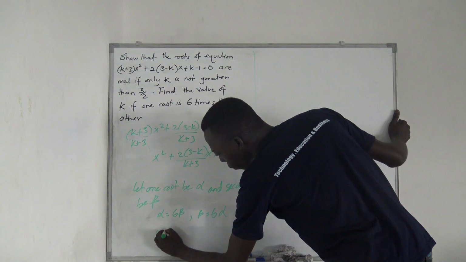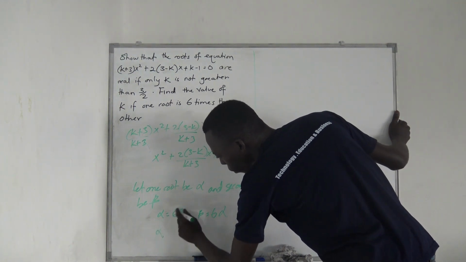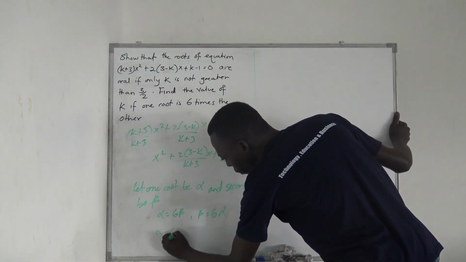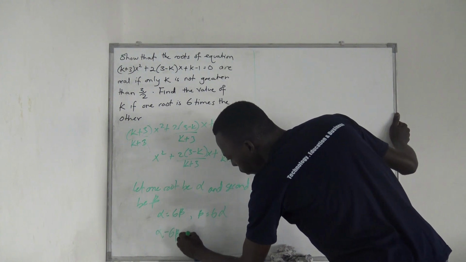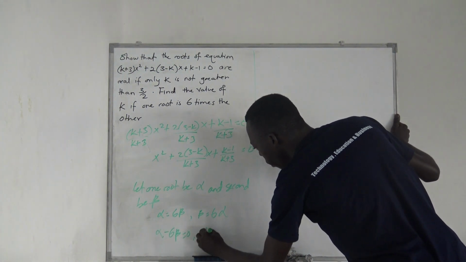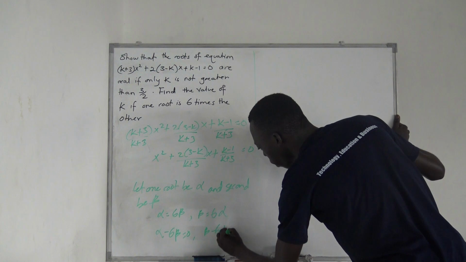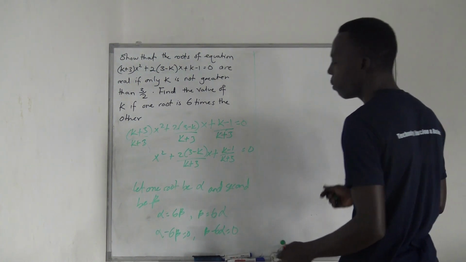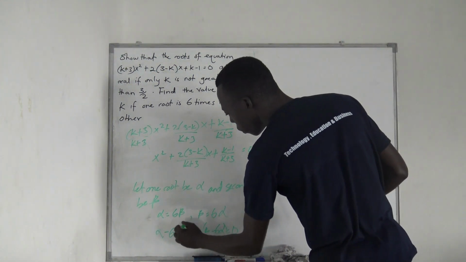So here our alpha minus 6 beta equals 0. Even here beta minus 6 alpha equals 0. So everything is equal to 0.